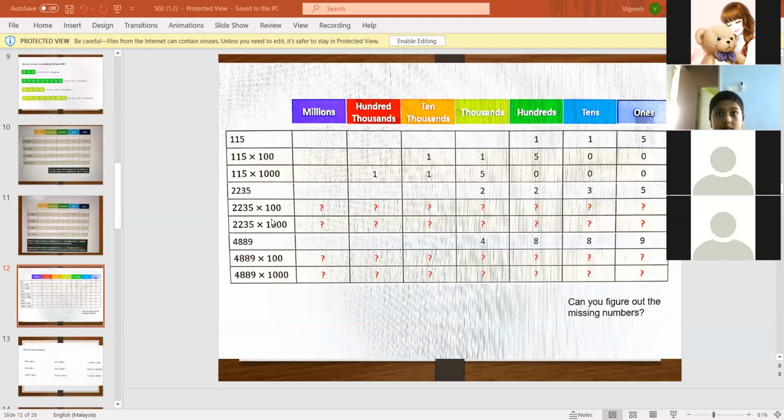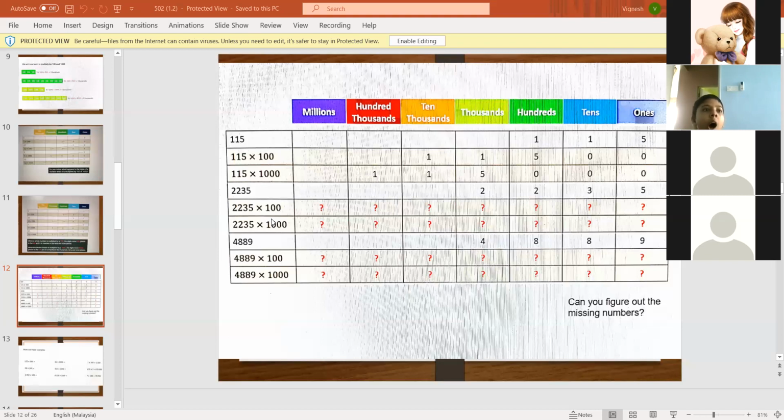Okay, how about the last one? 4,889, when you multiply it by 100, what is your answer? Class, what is the answer? 4,889 multiply with 100.